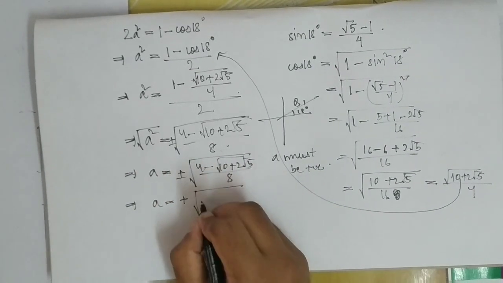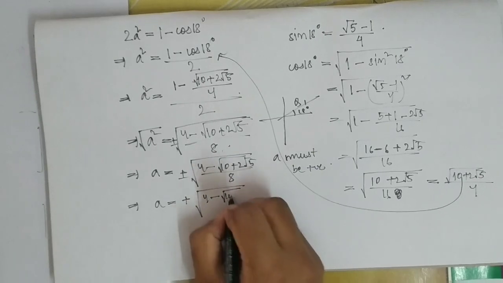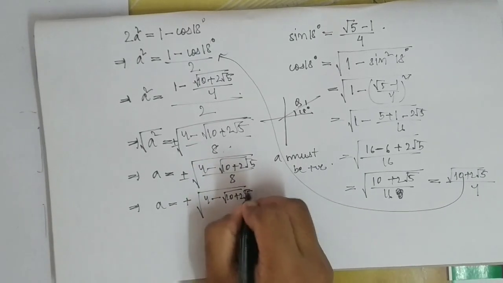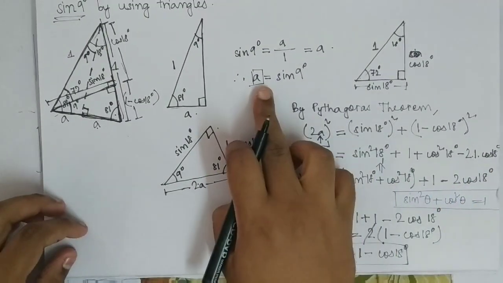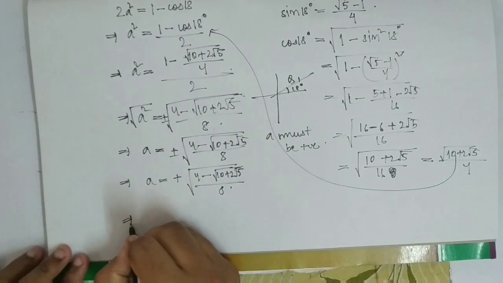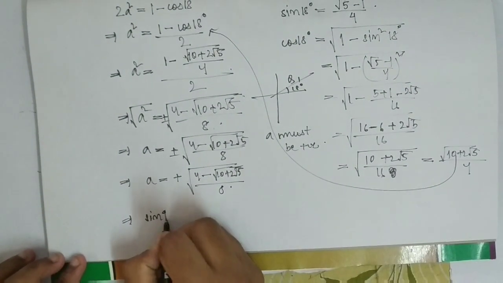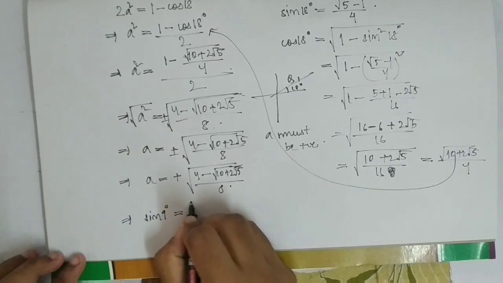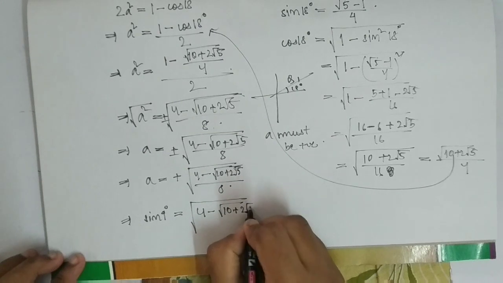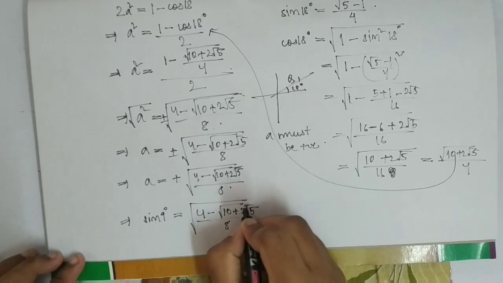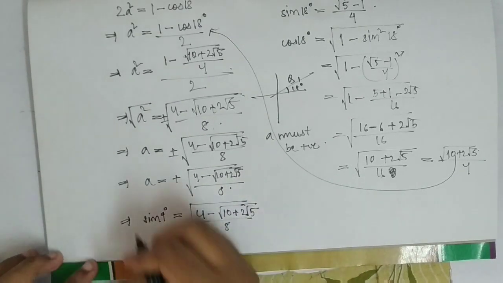So it's going to be plus root over 4 minus root over 10 plus root over 5 divided by 8. And in the last page I had shown you that a is equal to sine of 9 degrees. So therefore I can write sine of 9 degrees equals root over 4 minus root over 10 plus 2 root over 5 divided by 8.